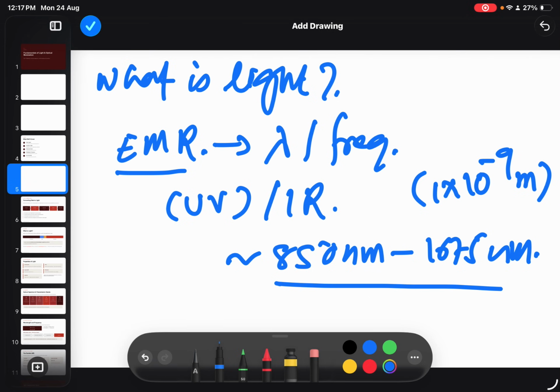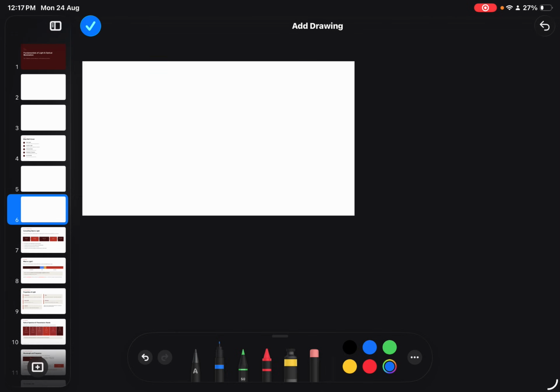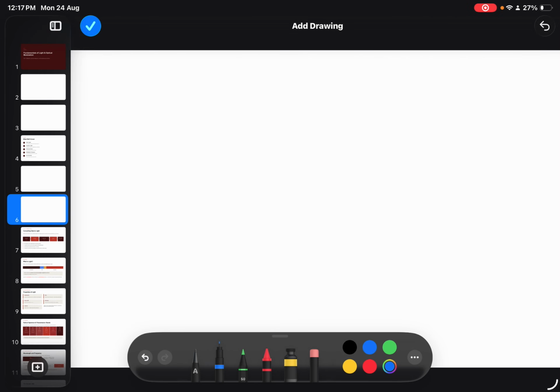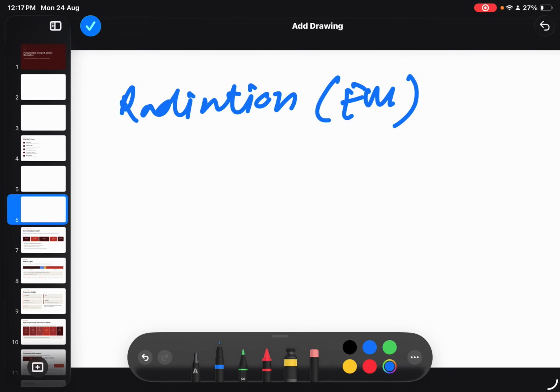Now when we have to explain to someone who is new what light is, we can say that light is a form of electromagnetic radiation. This is something similar to your radio waves or X-rays, but with a much shorter wavelength.